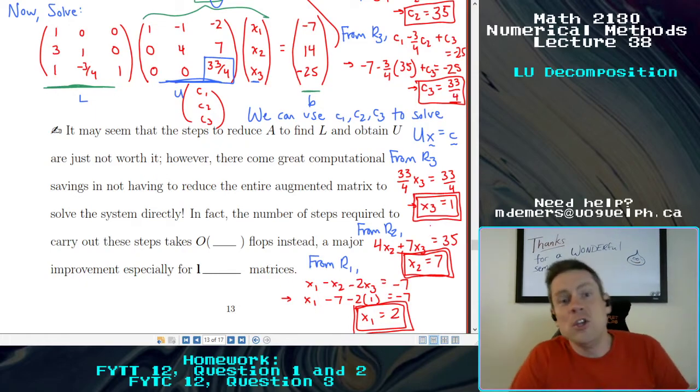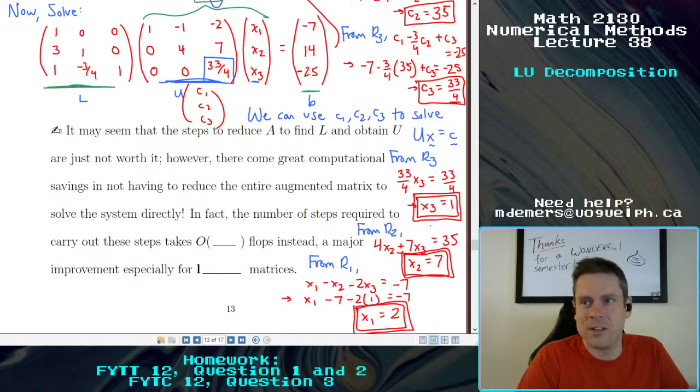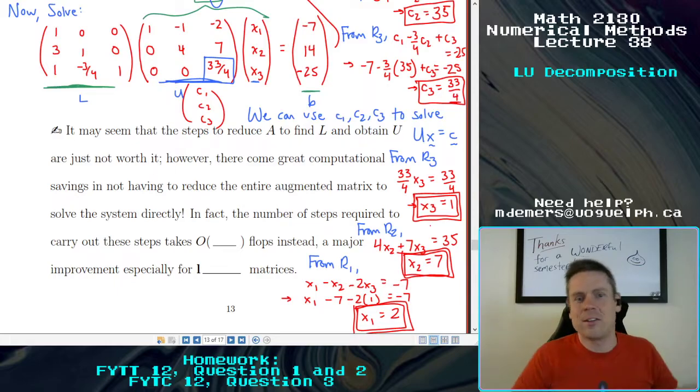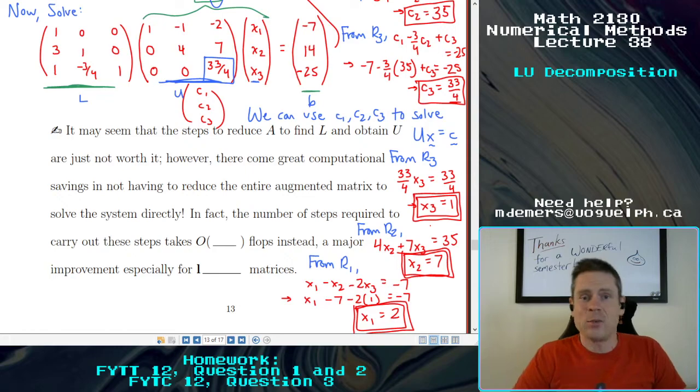Okay, you might be asking yourself right now, why the heck would we do this? It seems so complicated. What was wrong with just Gaussian elimination? Because this seems like so many extra steps. Okay, and I'll tell you why. What we're dealing with right now is a very small matrix, and so we're really feeling the extra steps of that double substitution.